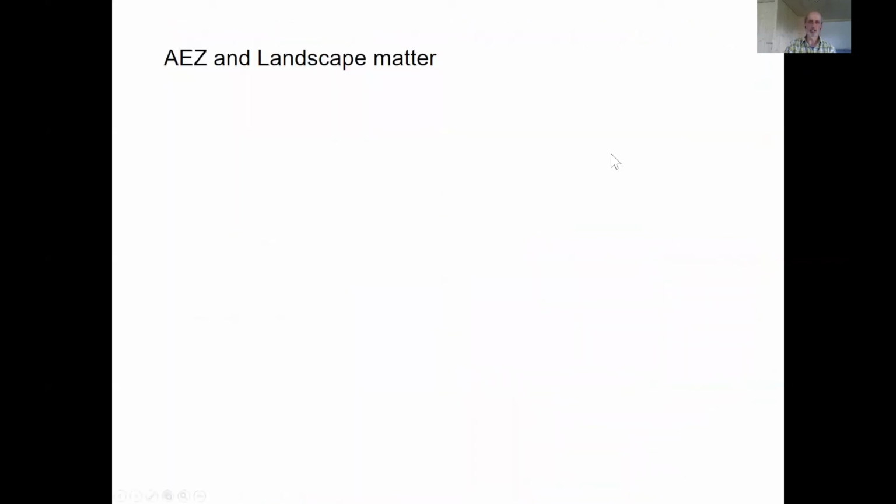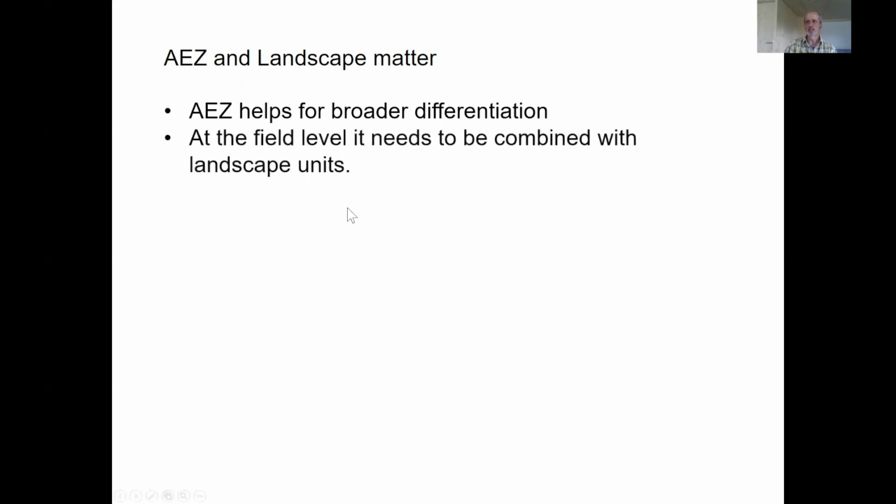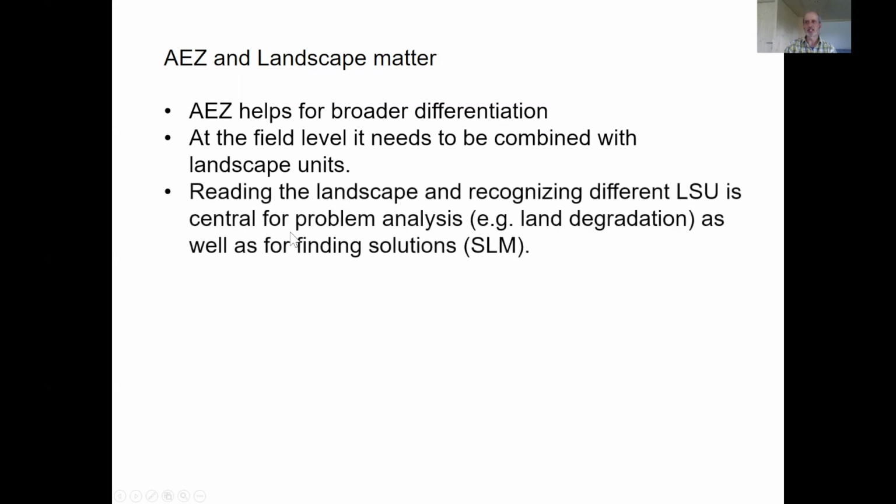Okay, so let's come to the final one. Landscape matters. Agroecological zones help for broader differentiation. We have to know, are you in a wet area, in that subtropical, tropical environment, or in a Mediterranean climate? This is important. At the field level, this needs to be combined with landscape units. And those landscape units are a bit disregarded.